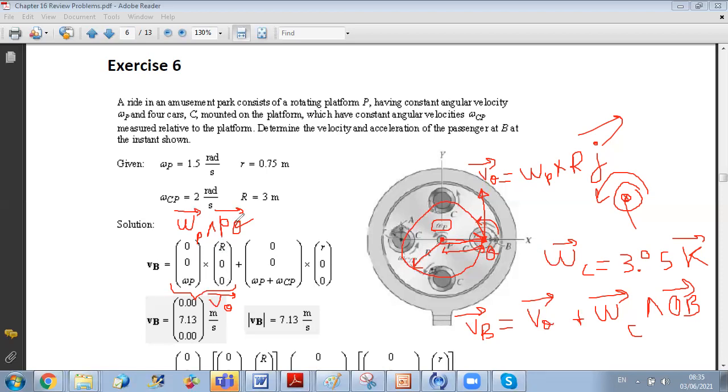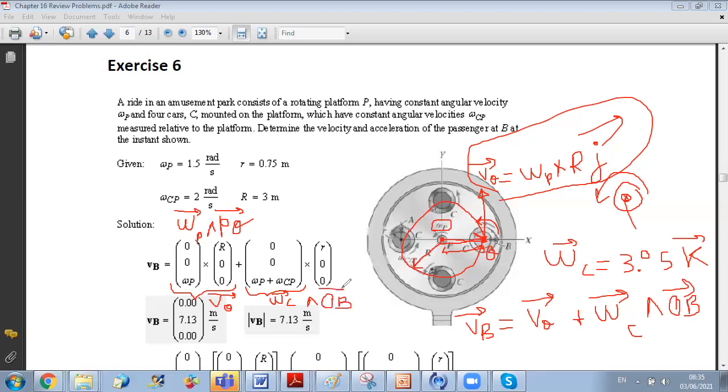If you do the vectorial product, you will obtain the following, omega P R J, as we did in the second method. Now plus omega car, which is along K, it only has a component along K, so it's 0, 0, omega P plus omega CP, vectorial vector OB.